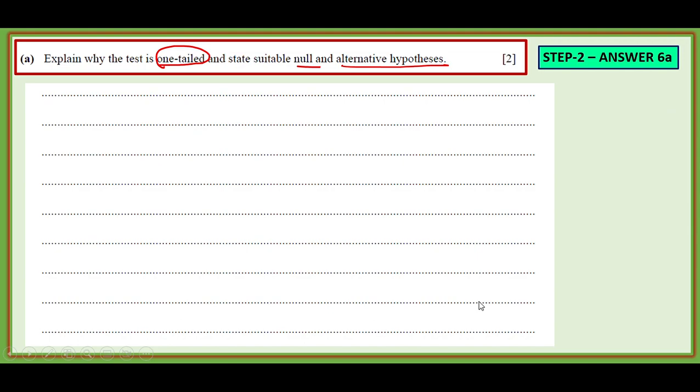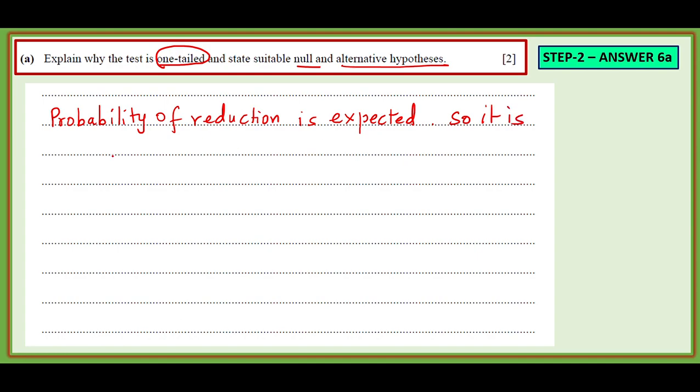Because it is reduced, they look for reduction. So we have to write here: the probability of reduction is expected, so it is a one tail test.